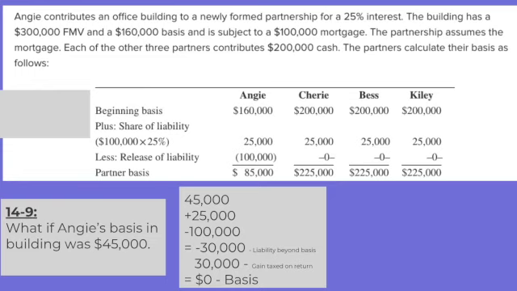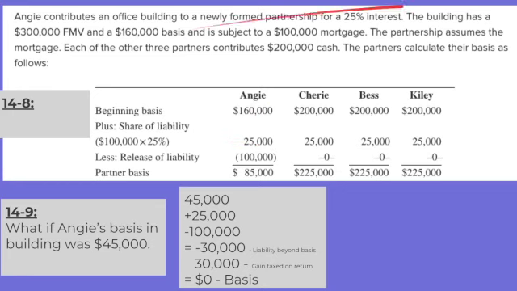Here's another example. Angie contributes an office building to a newly formed partnership for a 25% interest. The building has a $300,000 fair market value. So here's Angie. She gets her 25% interest. They're all 25%.